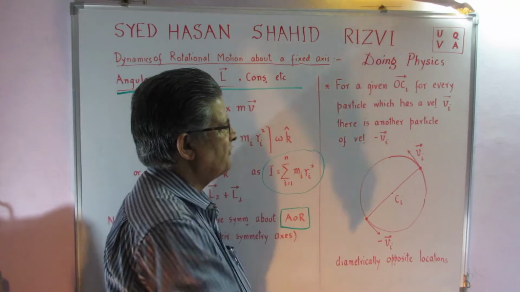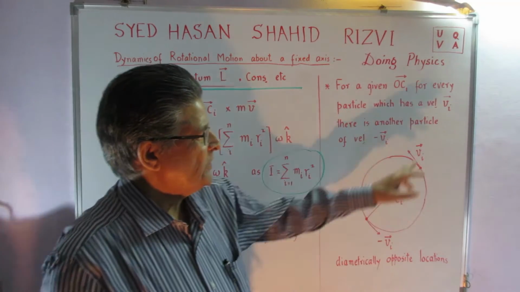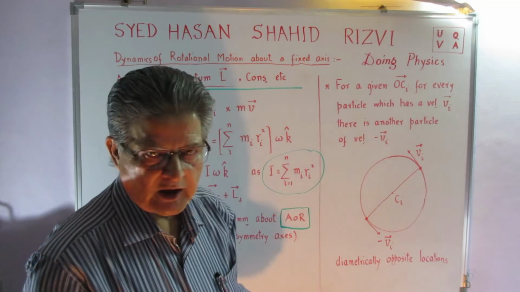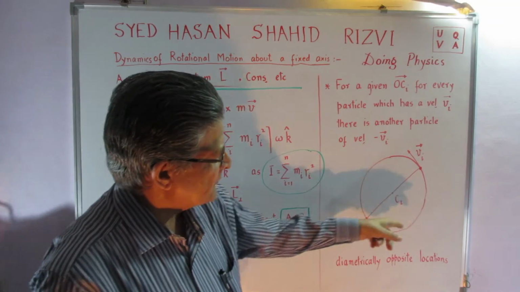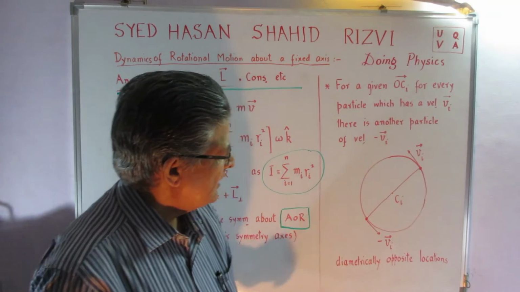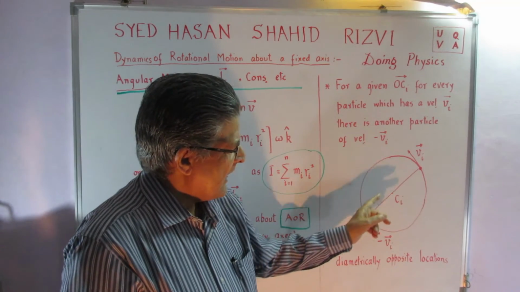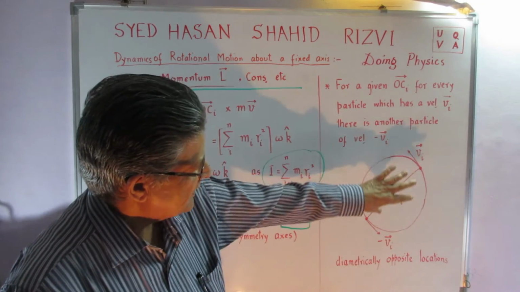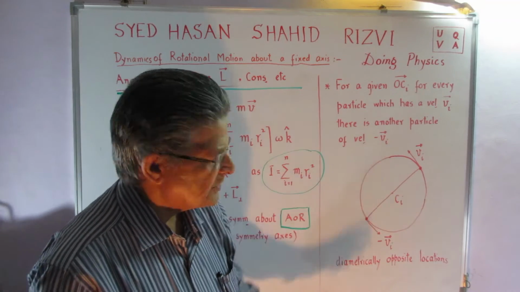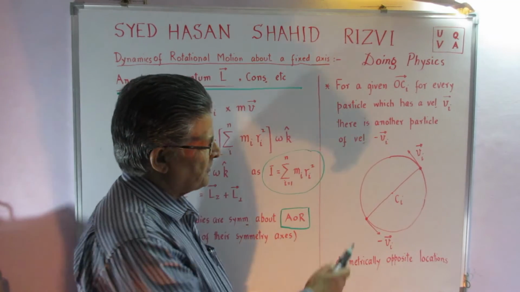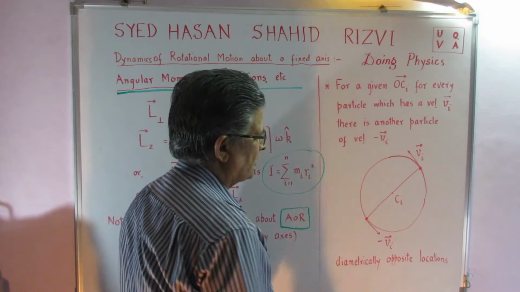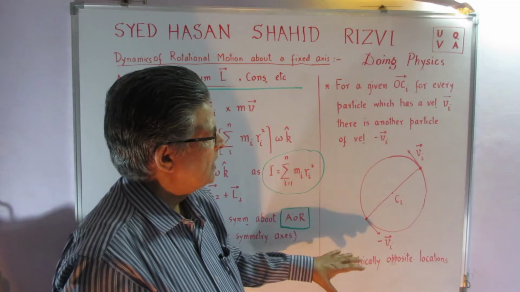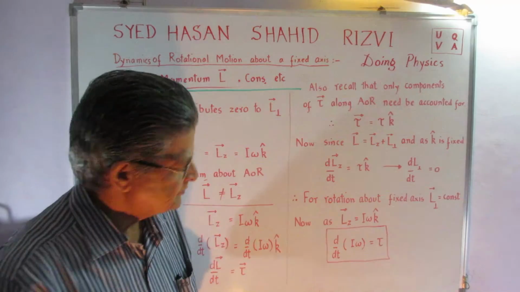For a given OCi, for every particle which has a velocity plus Vi, there is another particle of velocity minus Vi. And these two particles, as I have just shown in the schematics over here, are at the opposite ends of a diameter of the circle of which the center is Ci. So this I have shown to have positive velocity here, and this I have shown negative velocity here, and the effect is that the contribution of these two cancel out each other.